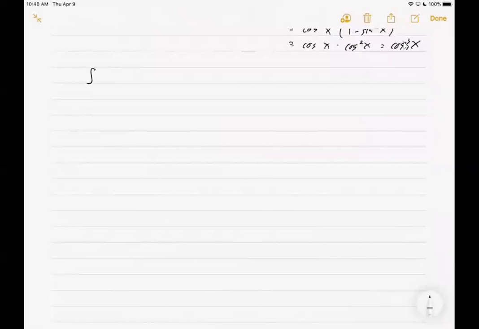So our second example is the integral of sine squared of x times the cosine cubed of x dx. All right, so what we want to do is draw one factor of the odd exponent out.